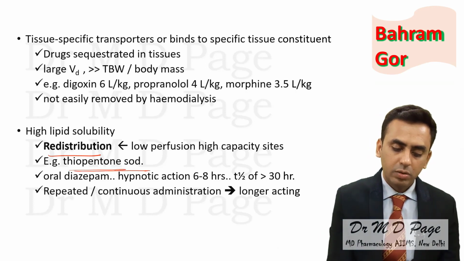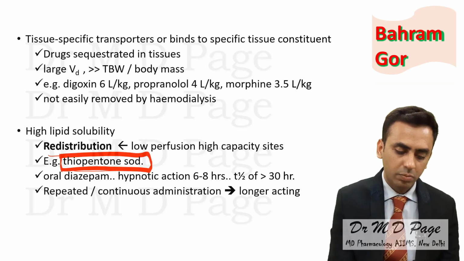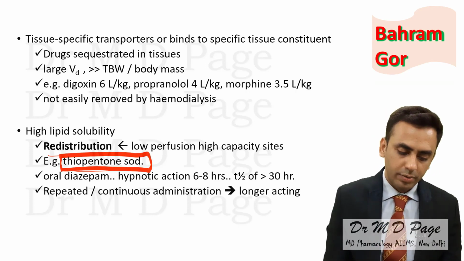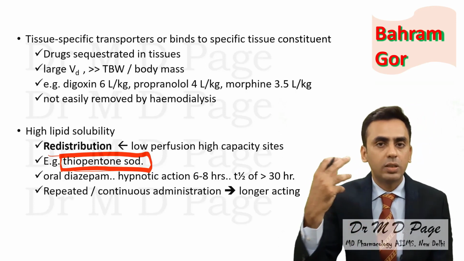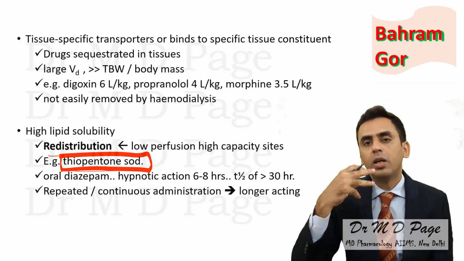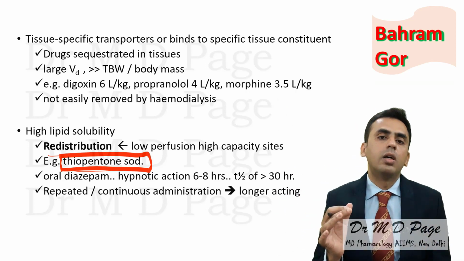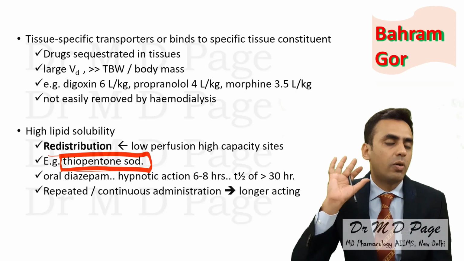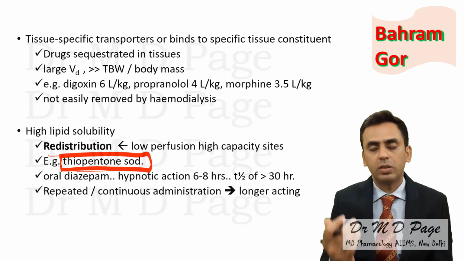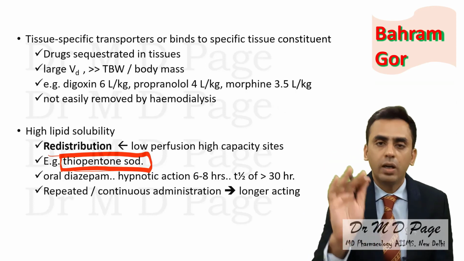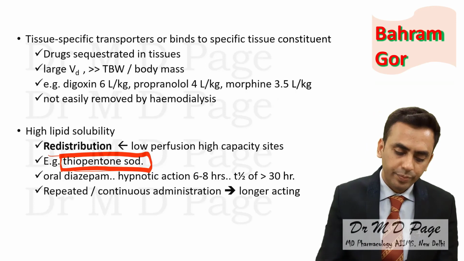Example of redistribution is thiopentone sodium. This has been asked. Thiopentone sodium gets to the brain, then from there it gets redistributed to various tissues. So immediately the blood concentration falls, the drug is withdrawn from the brain back into the blood, and concentration falls in the brain. Its action is terminated very rapidly.